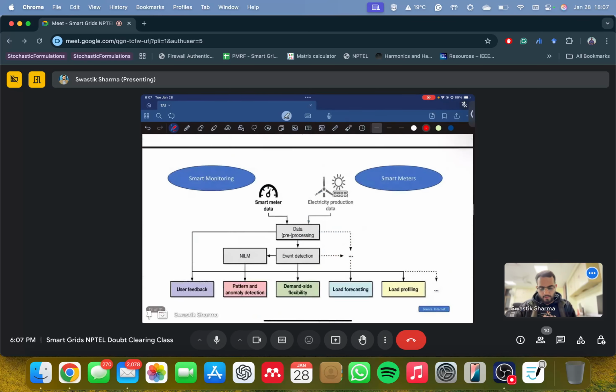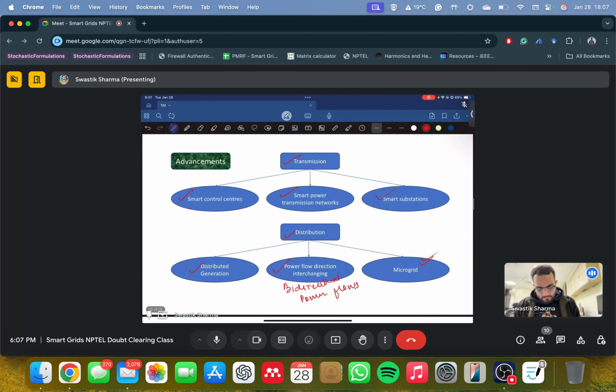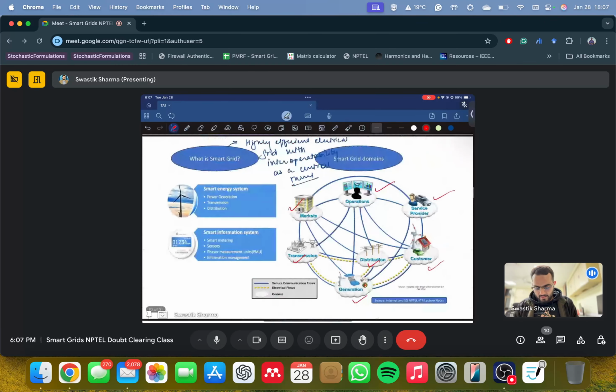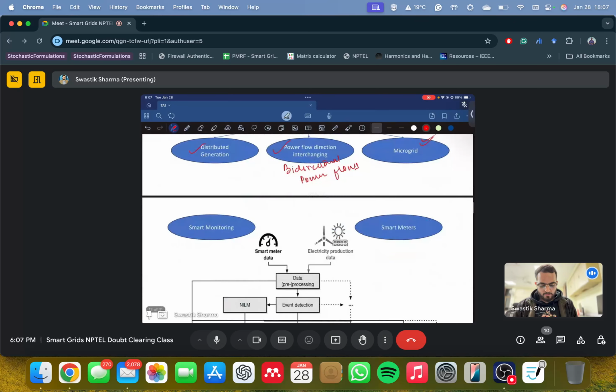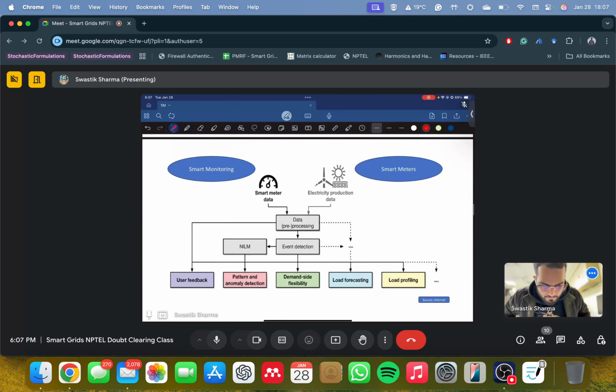Now, what do I mean by smart monitoring? I said there needs to be smart metering and smart monitoring. I don't know if it has happened at your place, but I come from Jammu and Kashmir, and we recently have been given smart meters at our home. There is an application with a dashboard which tells me how much energy I'm consuming daily.